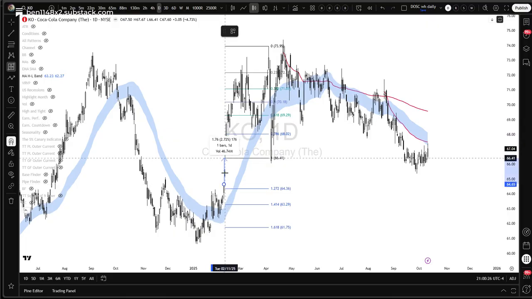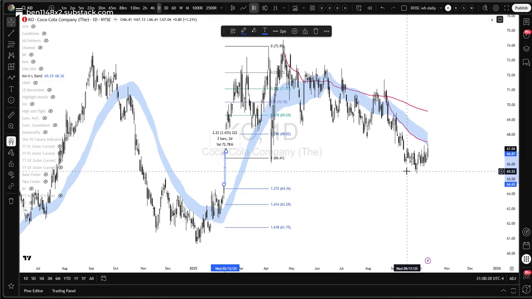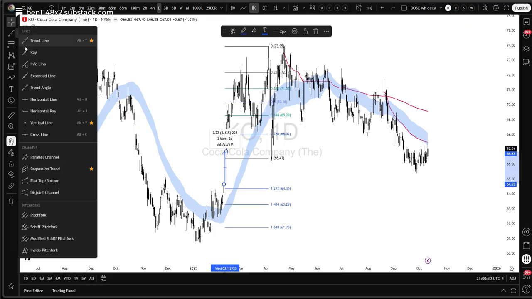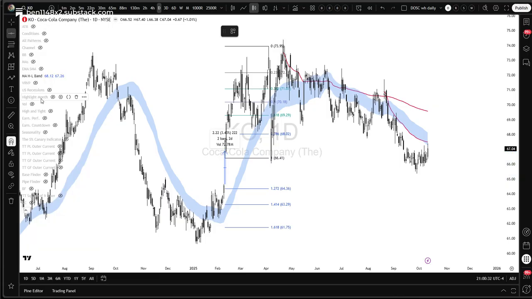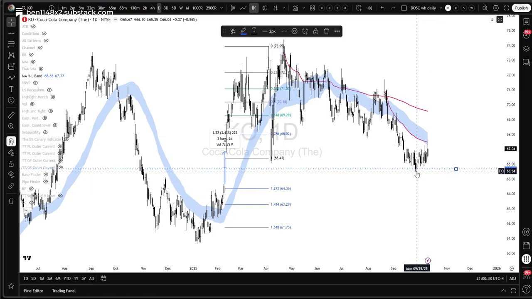And now what's interesting about the move with Coca-Cola is we have this gap back here in February, and that recent low, like closing low at the end of September, was just about the middle of that gap. I really like to see when price comes down to test a gap and doesn't close the gap, like comes down to the middle of the gap.